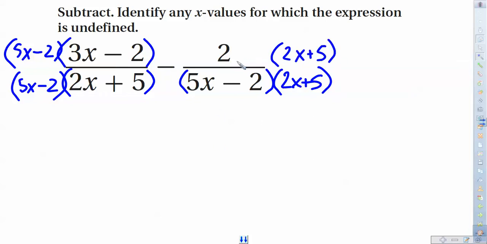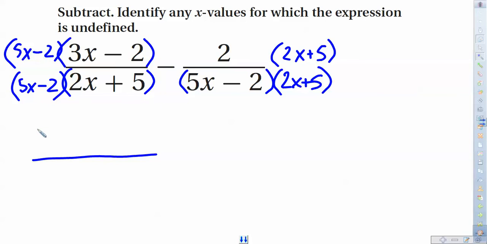Alright, now that we have this on both sides, this is where the subtraction problem really starts to differ from the addition problem. Nothing different happens over here on the first fraction, right? So I'm going to hesitate to write down the denominator because nothing really exciting happens yet. But the real action happens up here.